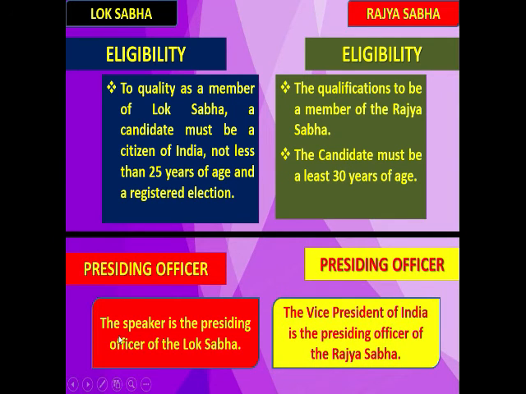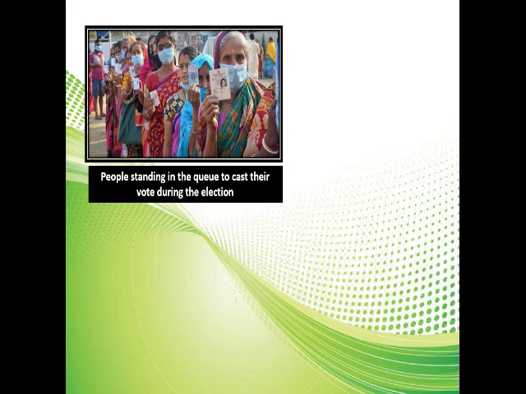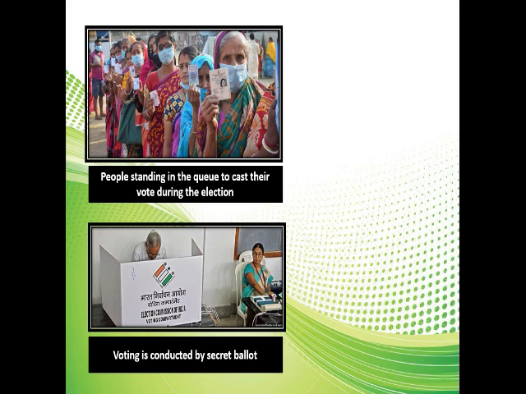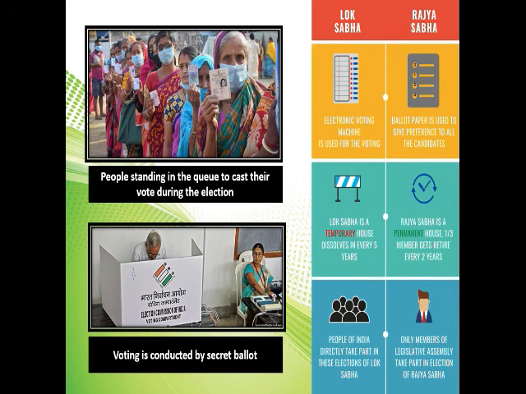So let's see the difference between the Lok Sabha and the Rajya Sabha, children. The speaker is the presiding officer of the Lok Sabha, but in the Rajya Sabha, the vice president of India is the presiding officer. Okay, and these are some images for the voting.